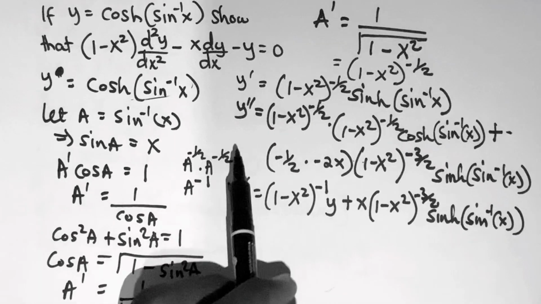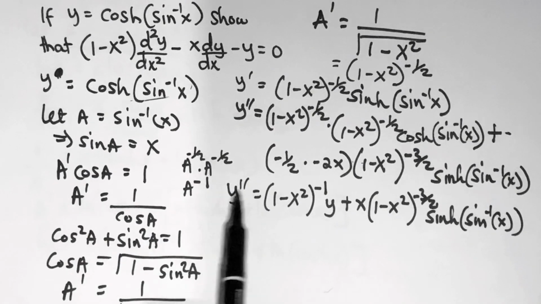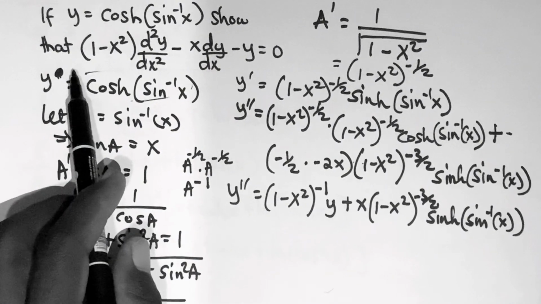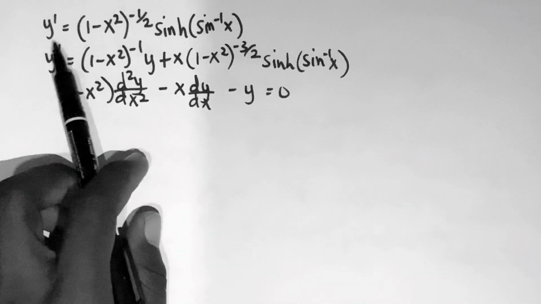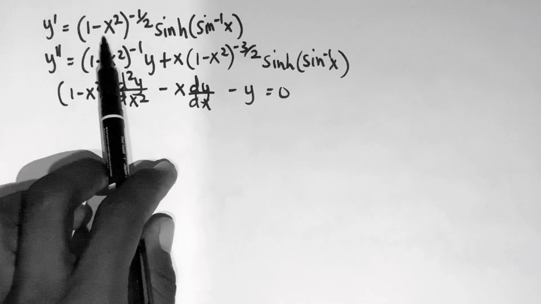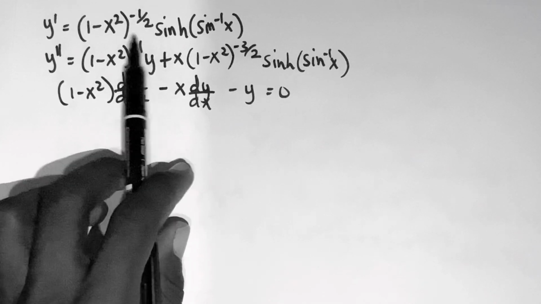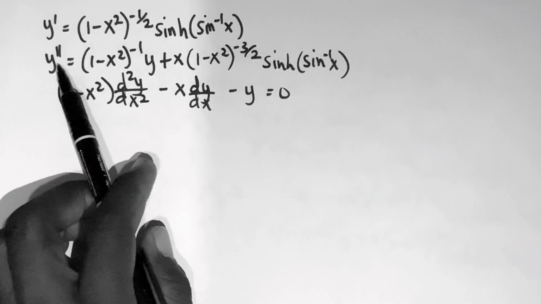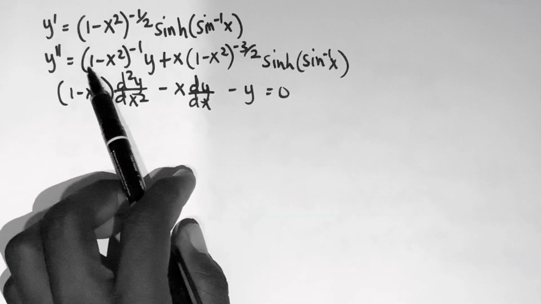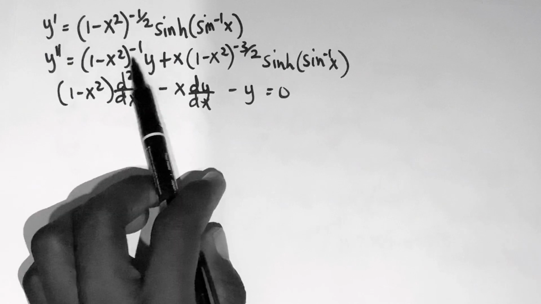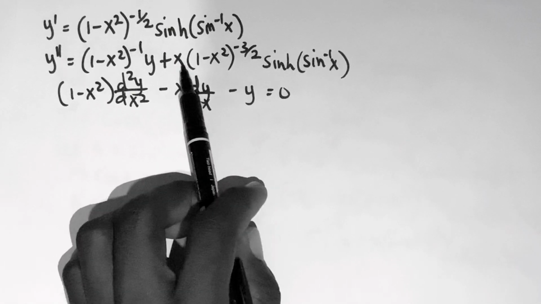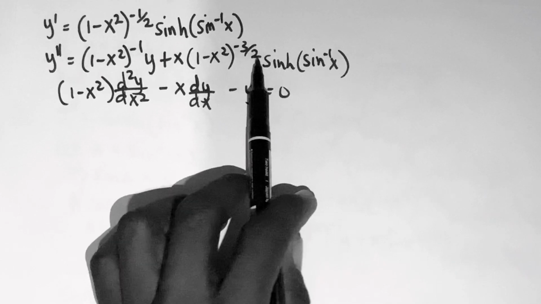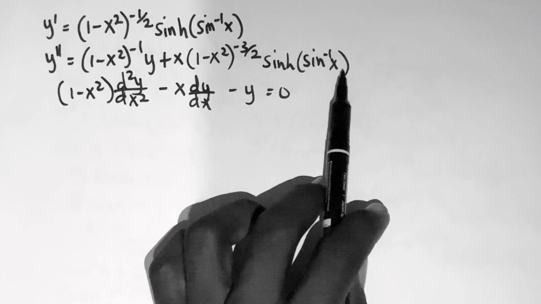So now, having found y prime and then y double prime, we can then put them into this equation and continue. So we got y prime as (1 minus x squared) exponent minus half hyperbolic sine of sine inverse of x, and then y double prime as (1 minus x squared) exponent minus 1 times y plus x times (1 minus x squared) exponent minus 3 over 2 hyperbolic sine of sine inverse of x.